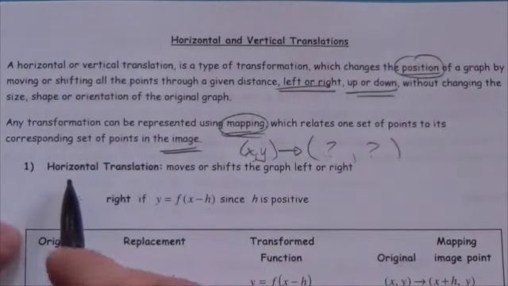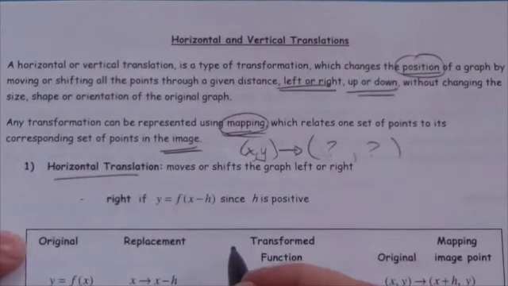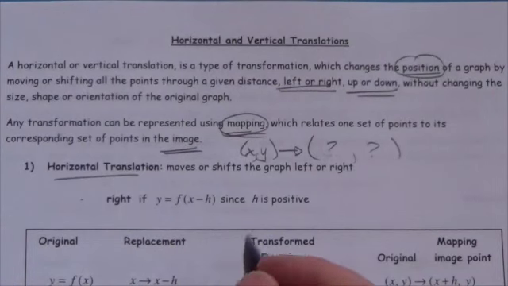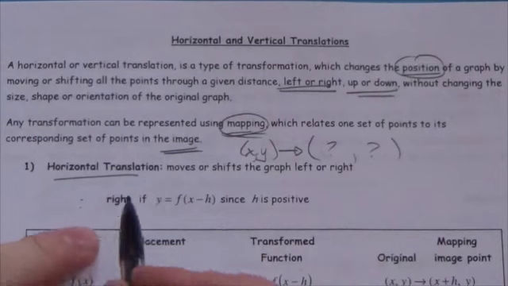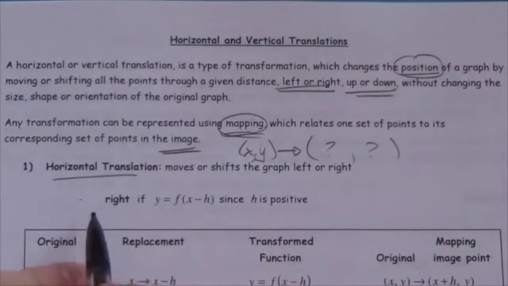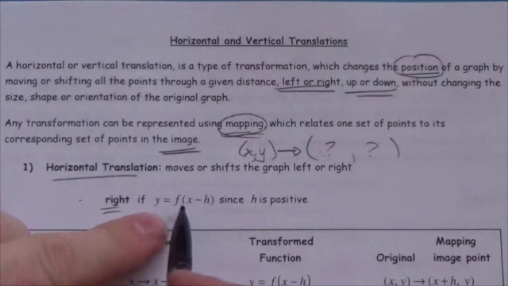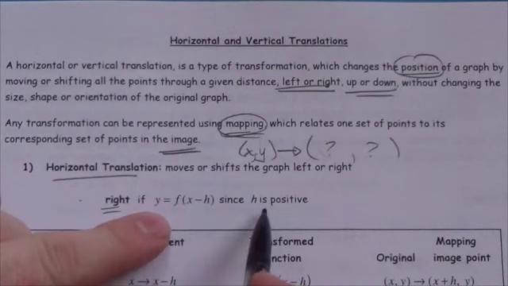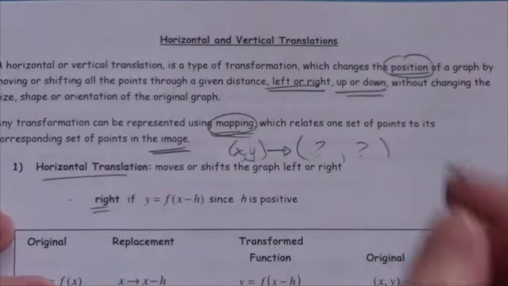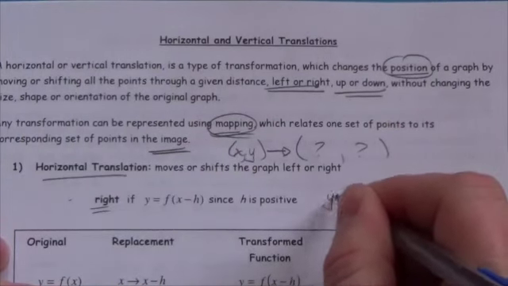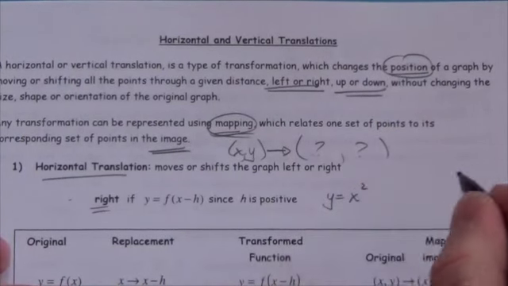Now, when we talk about just a horizontal translation, that's going to move the graph either to the left or to the right. Right here, it moves right if in the function we've got x minus h, where h is positive. So just to give you a sense of what that means, let's say I've got something like x squared.